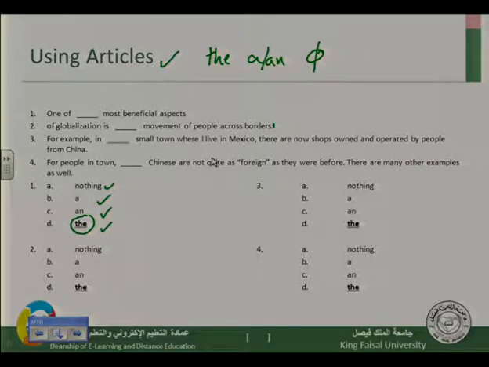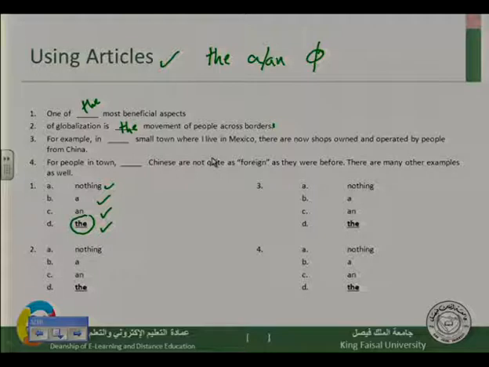So one of the, which is your choice, right? One of the most beneficial aspects of globalization is the movement of people across borders.